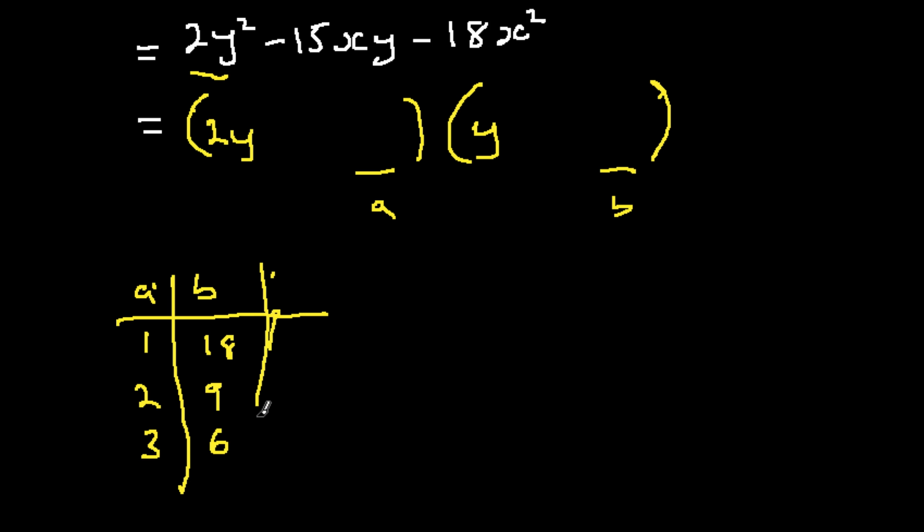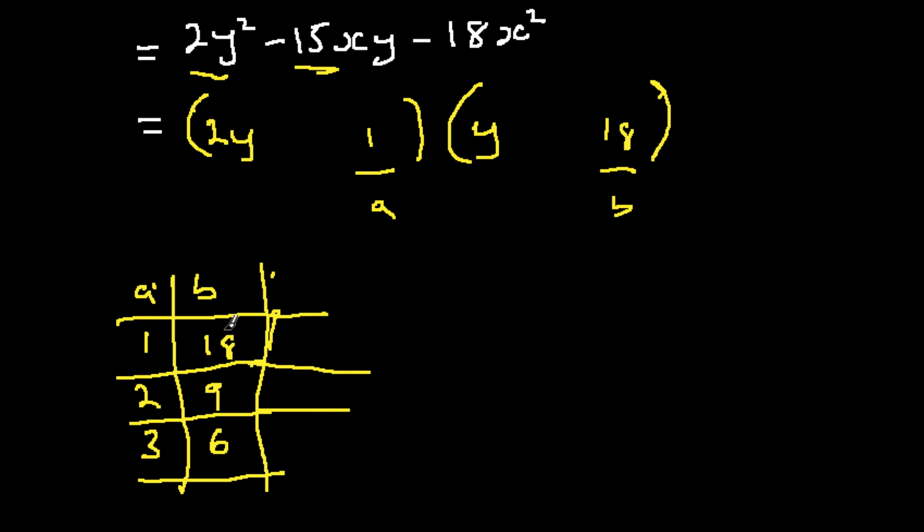Now, what we're interested in is that we need to find a combination of A and B that, if we plugged it into this equation, we could somehow combine the result to produce this 15. So what do I mean by that?